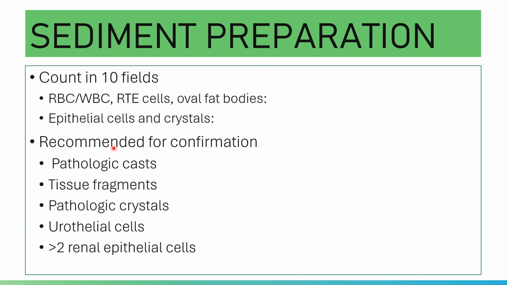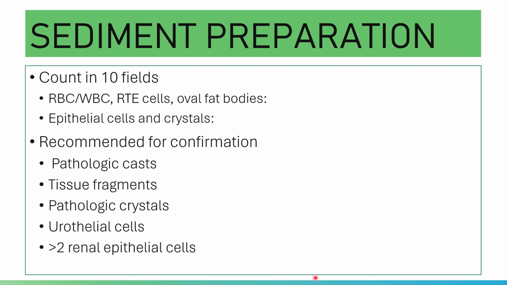Your crystals and your epithelial cells are quantitated or counted using your low power objectives. Please note that the presence of abnormal crystals should be confirmed chemically and should be correlated with the patient history accordingly.